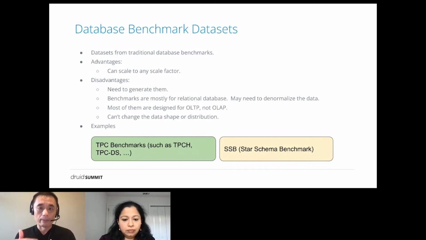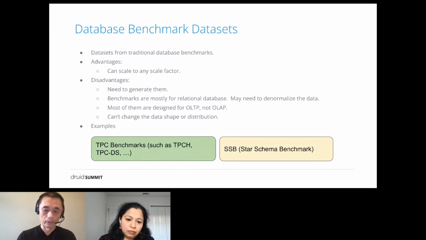And again, the same disadvantage as the public domain ones is that you cannot change the data shape. You can change the scale factor, but it basically just uses the same data shape and scales up or down. It does not change the distribution of the data. That you cannot change.